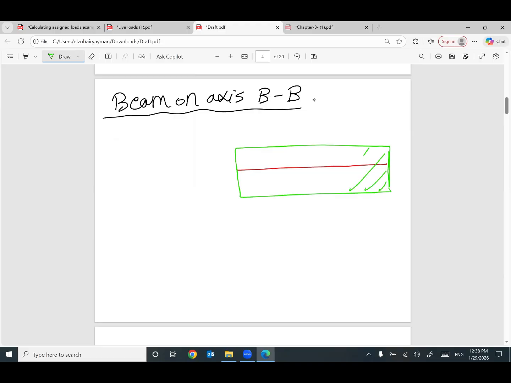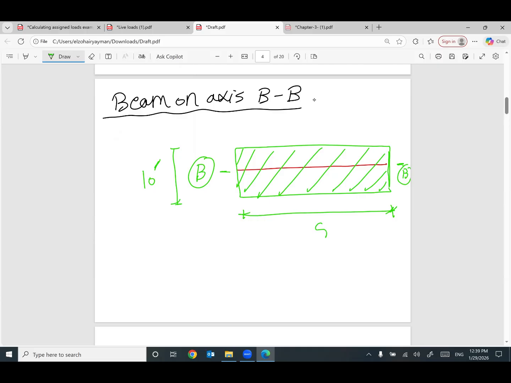This area assigned from the floor to this beam on axis BB has a width equal to 10 feet and a total length equal to 80 feet.